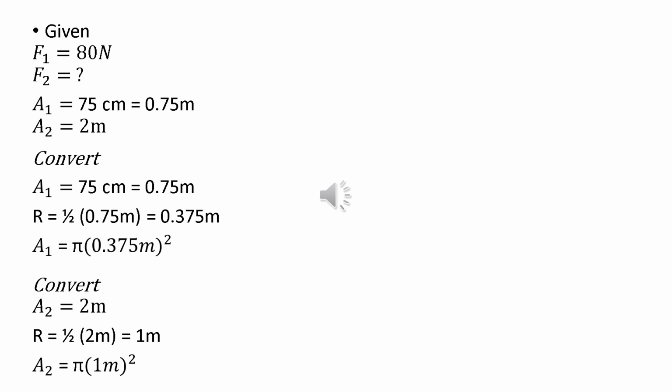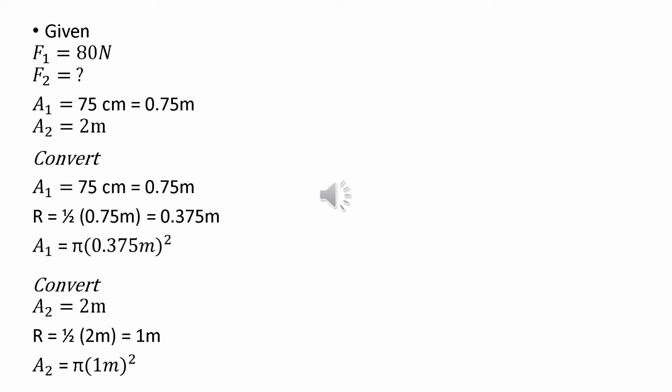Next, let's convert the area. The formula of the area is area equals pi r squared, meaning the radius is what we need, but the given is the diameter. So, let's first convert the diameter into radius so that it fits in the computation.